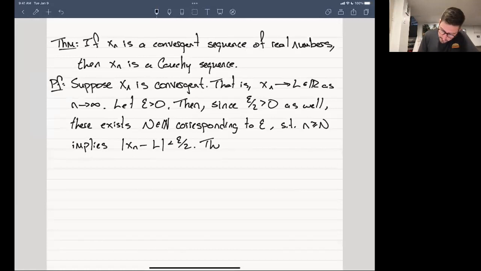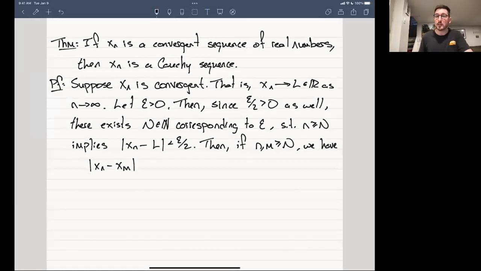But then if I take n and m greater than or equal to that capital N, we have, now here's our application of the triangle inequality. So if I look at the difference between two elements beyond capital N, so very, very far down my sequence, well, what I can do is I can add and subtract L into this thing. So I didn't do anything, right?